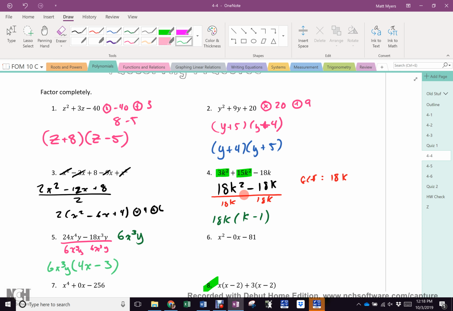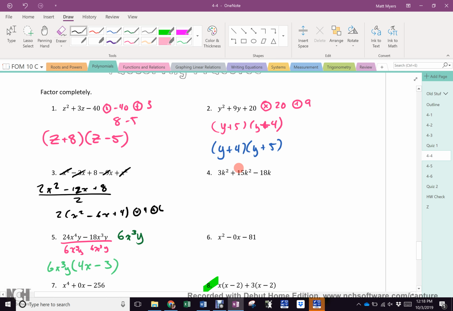Okay, now, that's actually good that you thought that, because look what happens. So let's say, just like Emma, you forget to gather these, and you say to yourself, just like Emma said, I'm going to divide everything by 3K. So 3K is going to come out to the front, and then she's going to get K plus 5K minus 6, right?